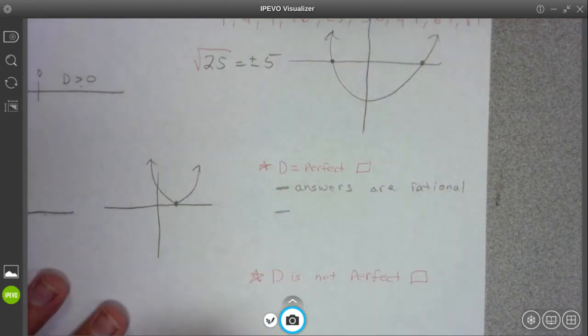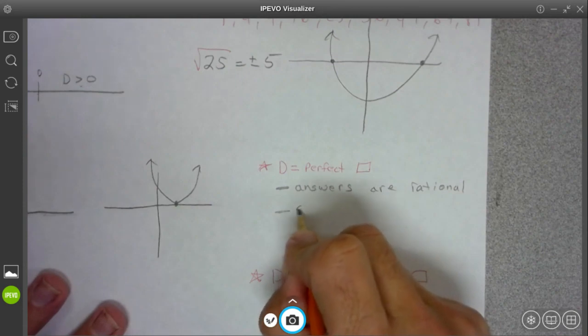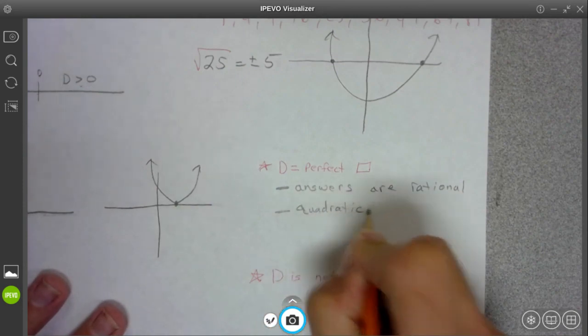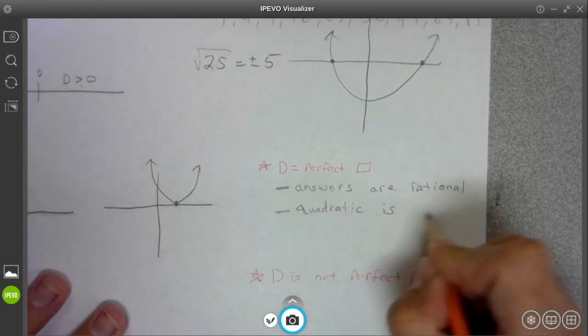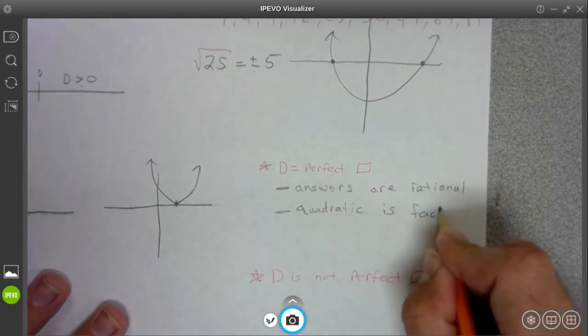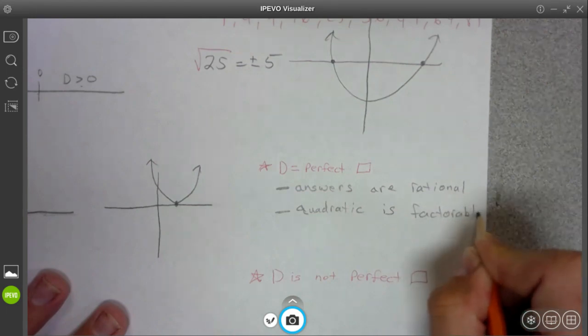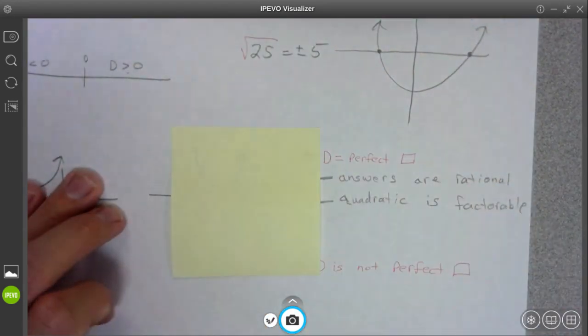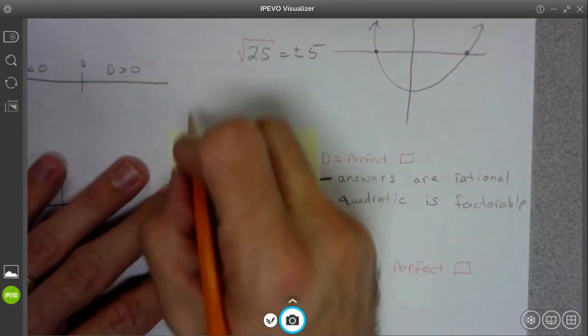It also means that the original quadratic, whatever equation you were dealing with, that it is factorable. All right, and that's a special property in and of itself. Being factorable is kind of nice.